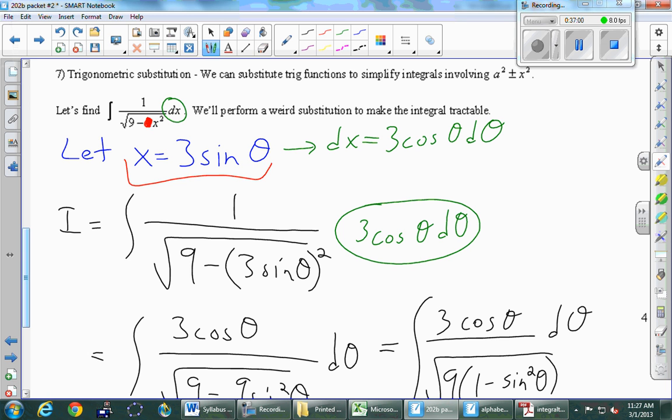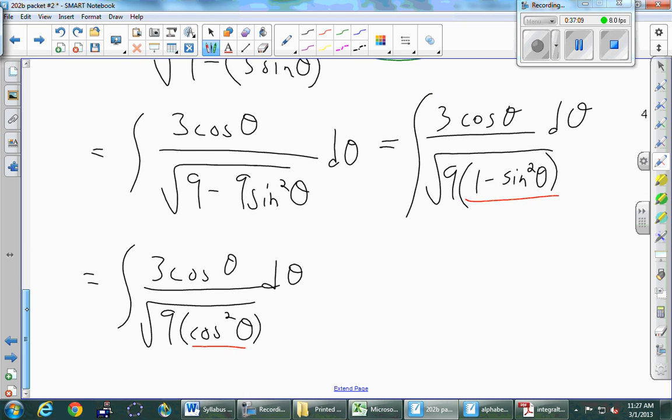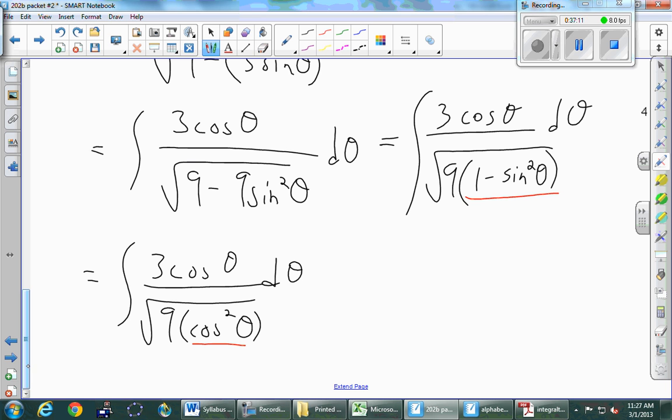Because there's a 9 sitting in front, and that 3 got squared and became a 9 so that I could then factor the 9 out of both parts. I'll give you a formula on the next page, but that's why I did that very strange thing at the start. It came out of a desire to use that Pythagorean identity. Again, it's not clear that we'll have an integral we can do, but that's the moment that motivates why we're doing what we're doing.